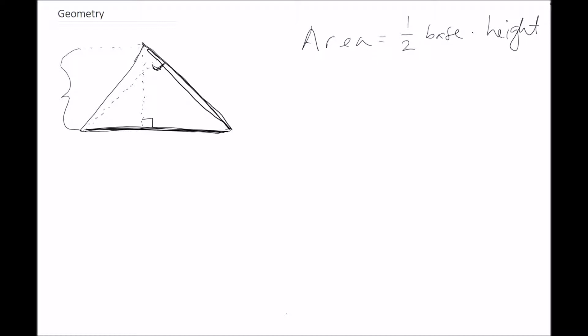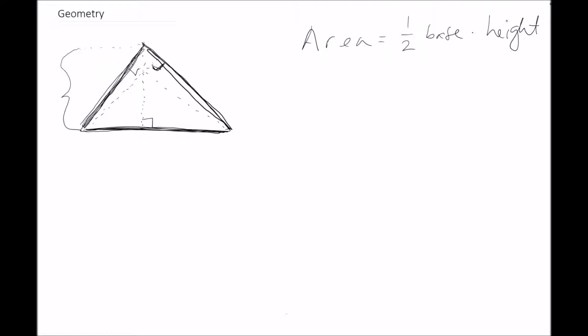Similarly, if I wanted to use this side of the triangle as the base, I would drop or measure the line perpendicular to that through the vertex. I would measure the length of that, and the length of that line would be the height of the triangle if we were using this side of the triangle as the base.